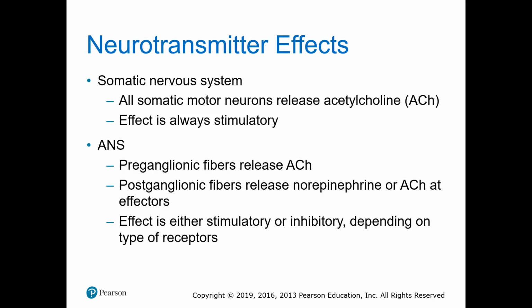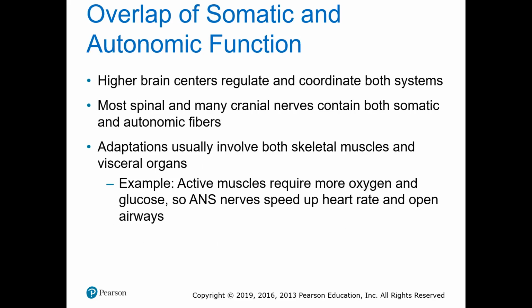For example, acetylcholine in the heart is inhibitory. It slows down the heart rate. Norepinephrine is excitatory in smooth muscle around the arterioles, the small arteries in our body.